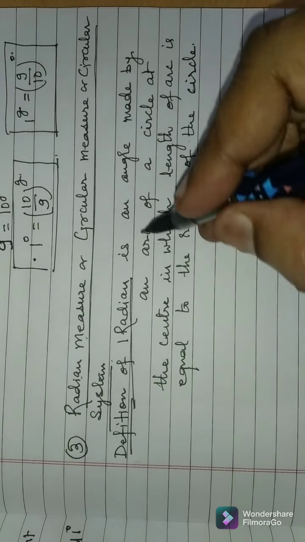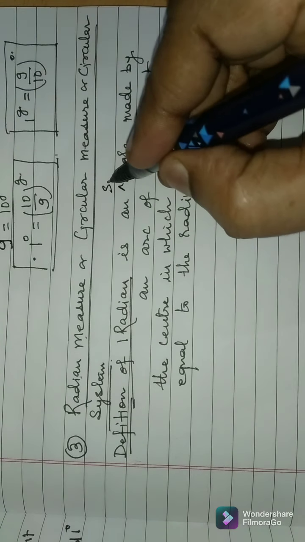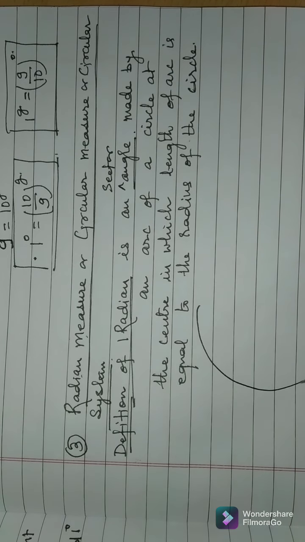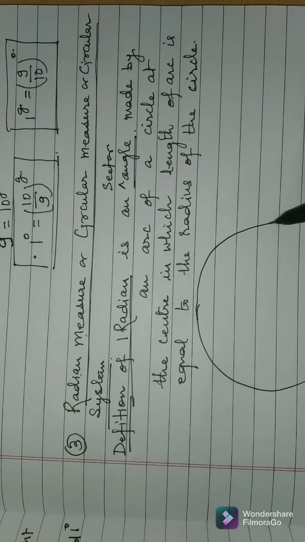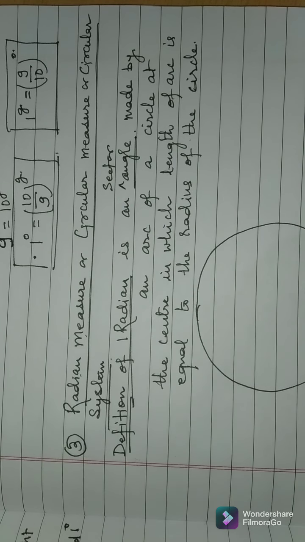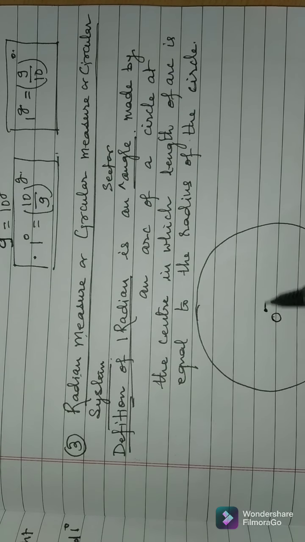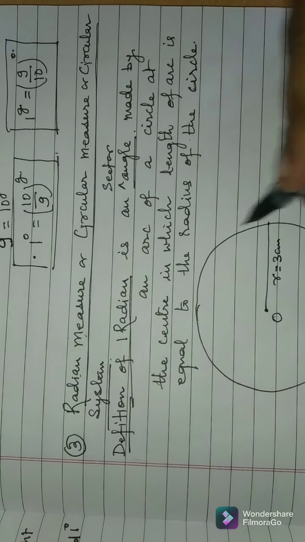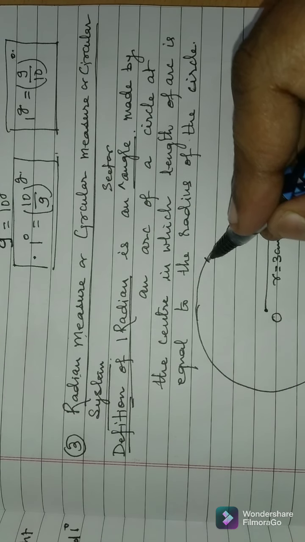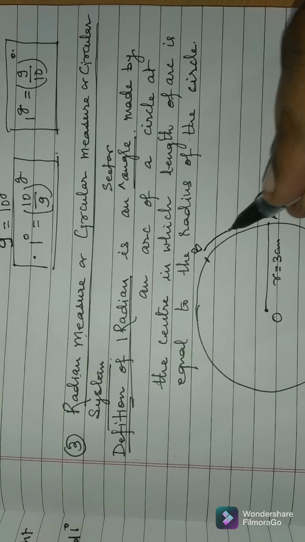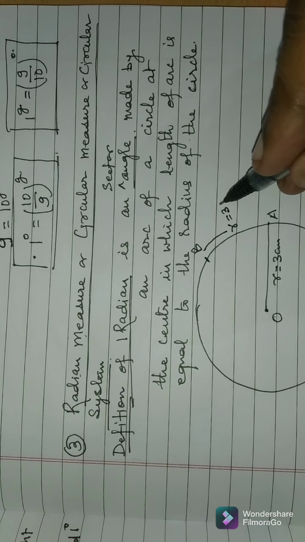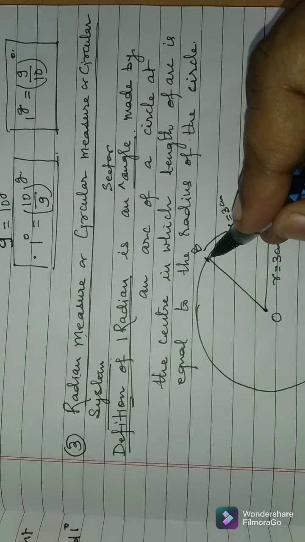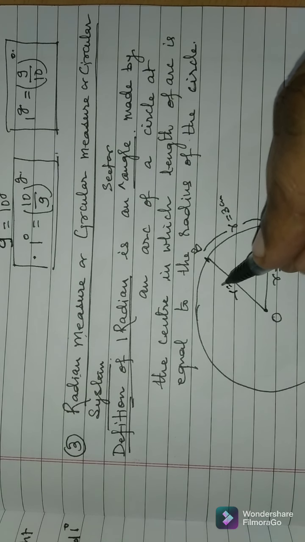So 1 radian is a sector angle. Here I am just explaining it. Suppose I have taken a circle of center O, and I have taken the radius as 3 centimeters, and here I have taken a part of the arc AB, and the length is also taken as 3 centimeters. Then join this, and this is also 3 centimeters.